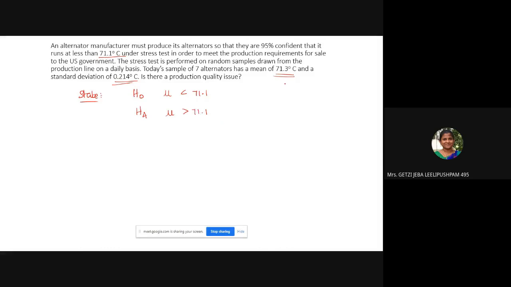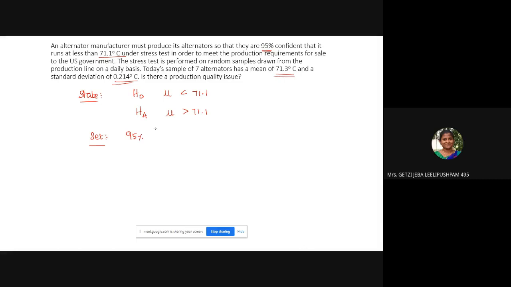They say it is 71.3, which is greater than 71.1. So we have stated it. Then we will set it. When we set it, we have to give the level of significance. The level of significance is specified in the question itself. They say 95%. We believe that the null hypothesis is correct.